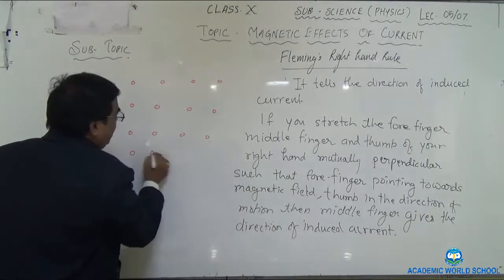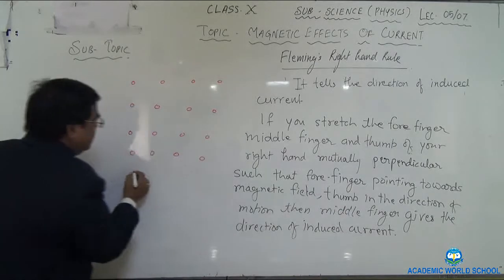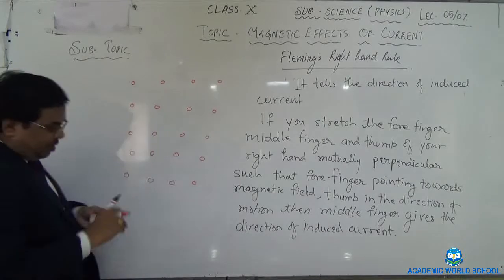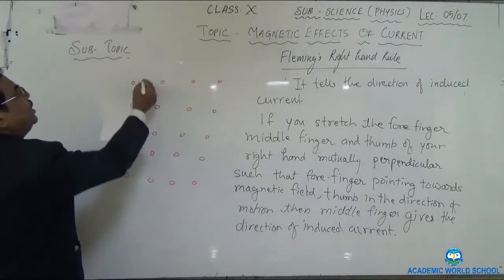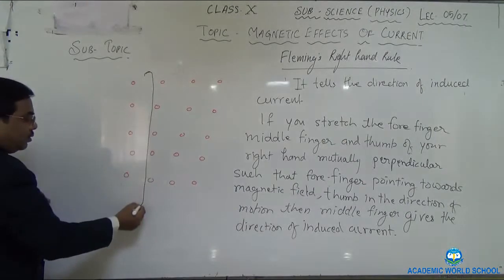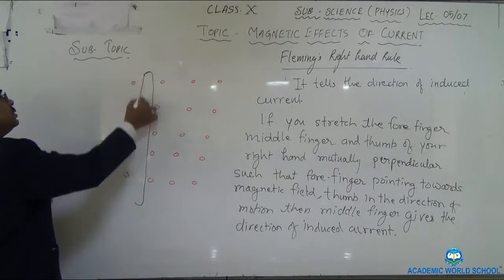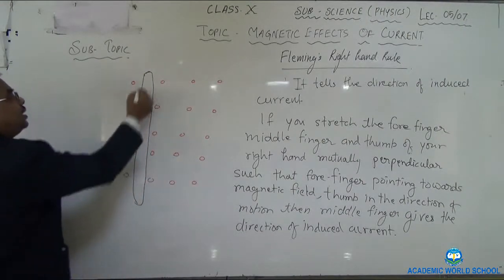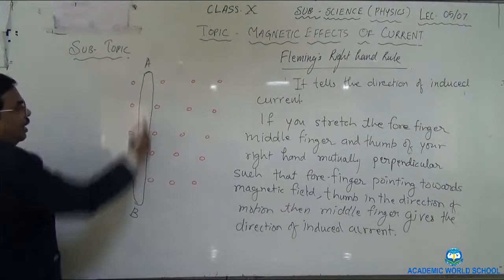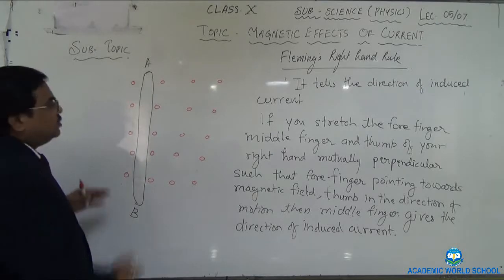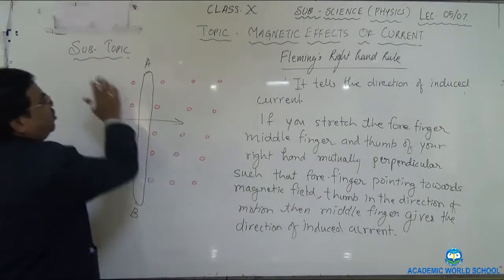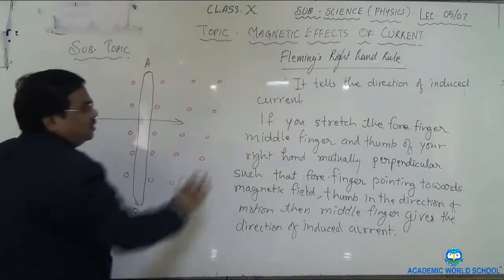Imagine that the magnetic lines are emerging from the board out of the plane and there is a conductor. This is a conductor of length L and it is AB. The direction of motion of the conductor is from your left hand side to right hand side.